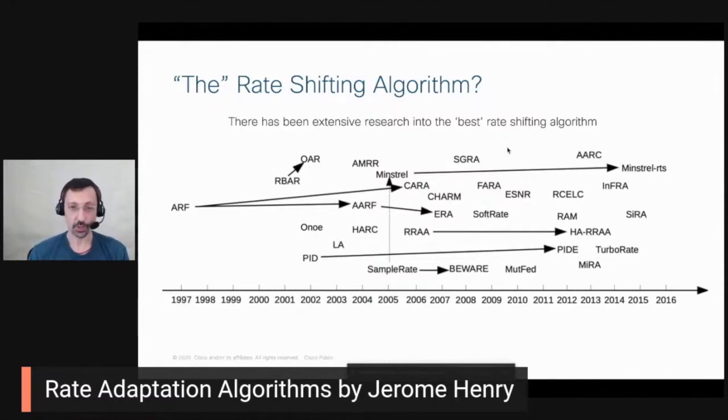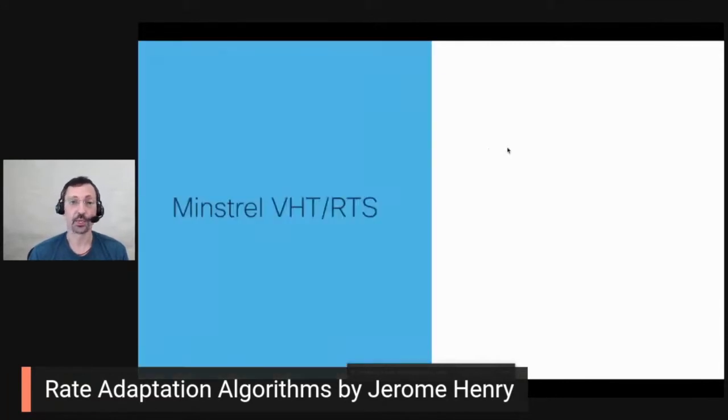What I'm going to cover with you is the most famous of those, and that's the one you see on the upper right, Minstrel. Why? Because it was the first one in the early 2000s for Wi-Fi specifically to be published and made available to the general public and to the research community. And because of that, it's been extensively studied, extensively modified as well to be improved.